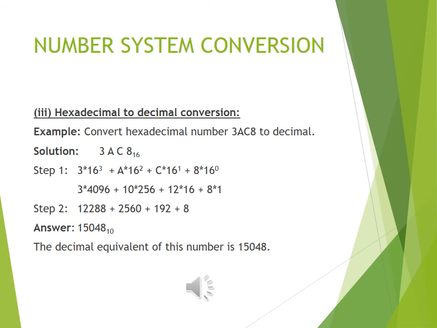We will multiply it, but we will multiply it by 16 because it is the base of hexadecimal, and we will apply power which is starting from the right side and is raised towards the left, and after the simplification we have the answer 15048 with base 10. 10 is the base of the decimal, that's why we apply it. The decimal equivalent of this number is 15048.